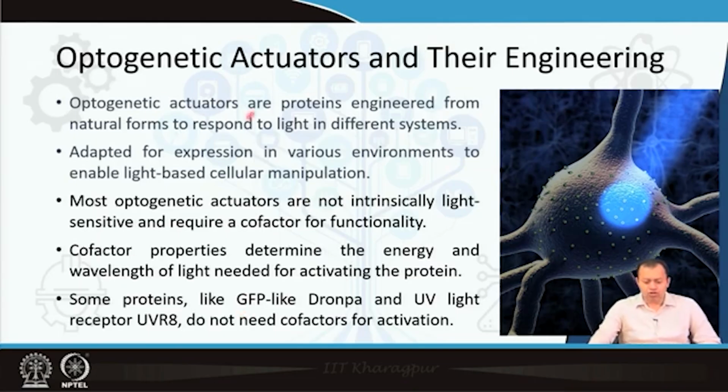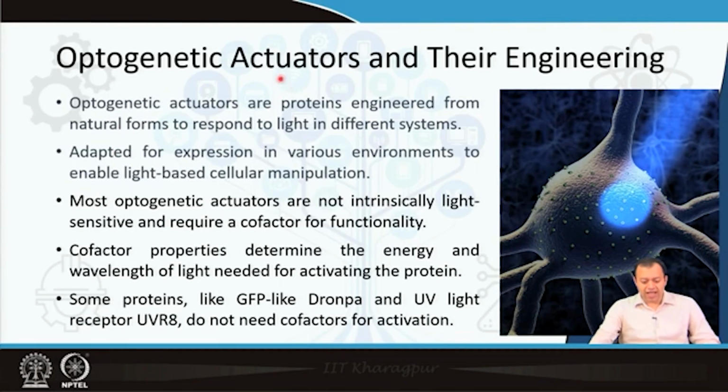So, optogenetic actuators are engineered proteins from natural forms to respond to light in different systems. They do not exist naturally in most normal mammals. If there is a substantial variety of mammals, something might be coming up in days, but usually mice do not glow in dark. Yeah, usually mice do not glow in dark.